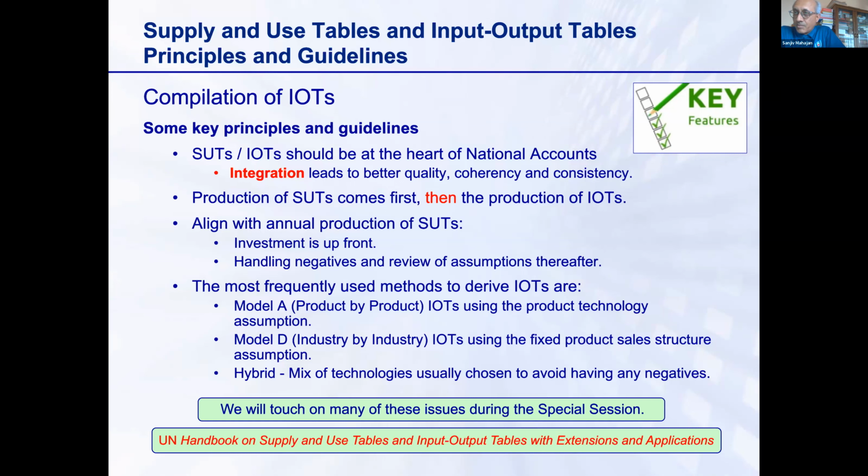Now, the next point is a very sensitive point. The most frequently used methods to derive these tables are Model A, Model D, and a hybrid. I'll touch on the hybrid in a moment.